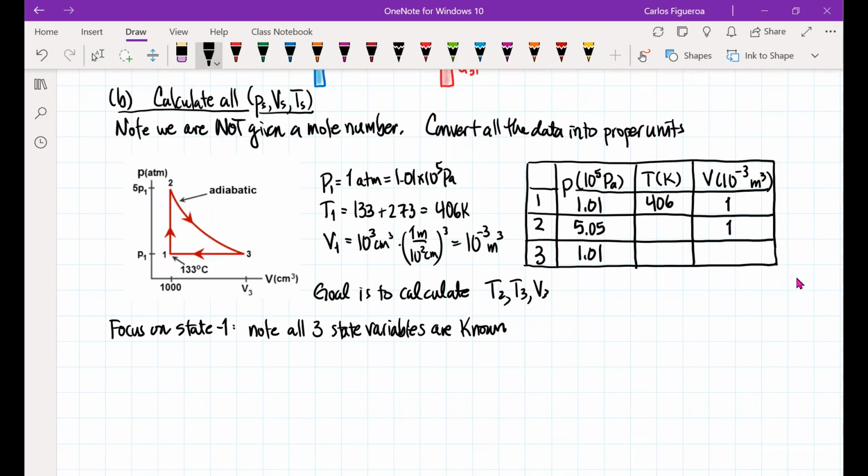I have the pressure, the temperature, the volume. So this allows one to calculate the mole number.